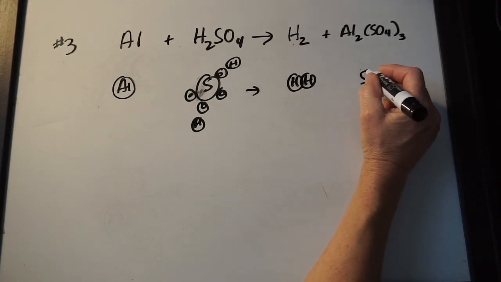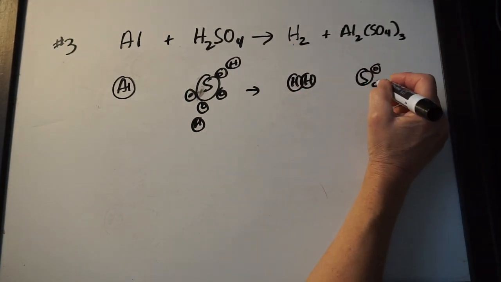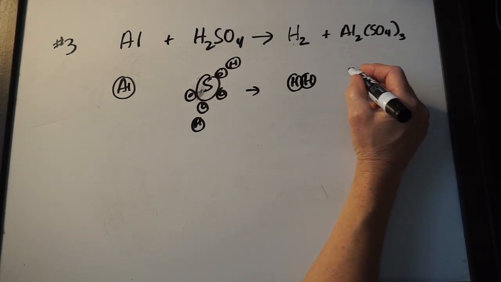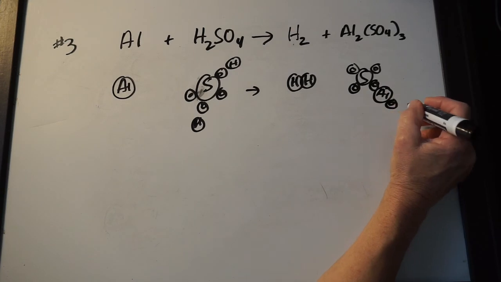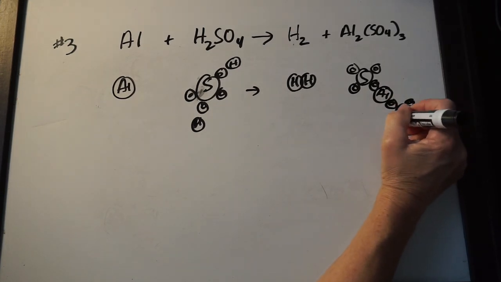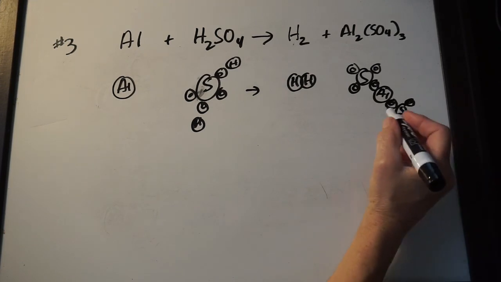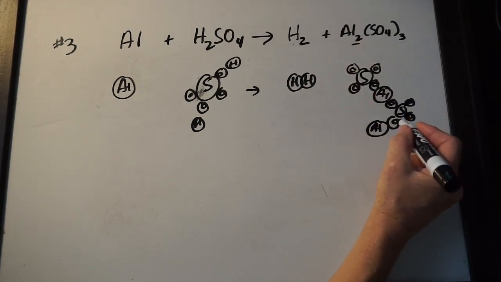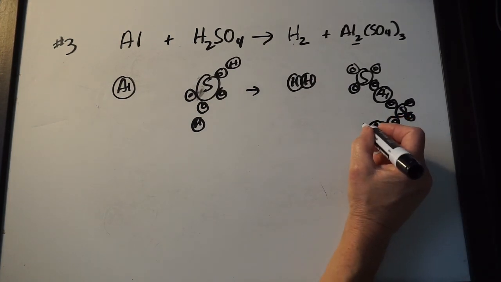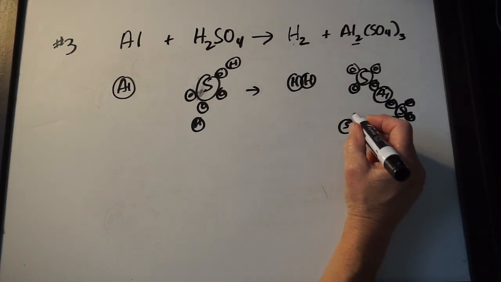And this is really cool how the sulfate bonds with the aluminum. Another sulfate. Okay, and another aluminum. I see there's 2 aluminums. And this is all one quite large molecule.